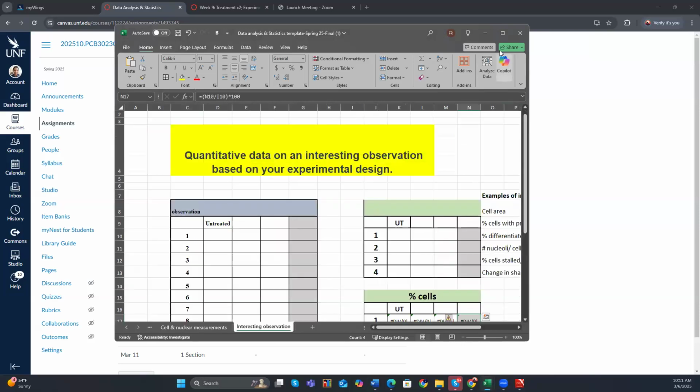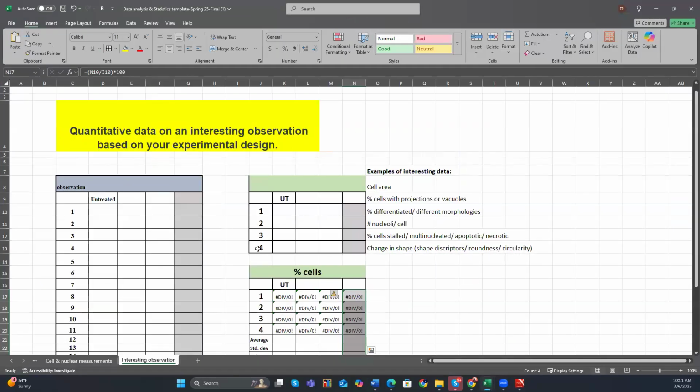And then finally, in your interesting observation, if you look at this one, you notice that you have different options available. Now, if you have something interesting that involved measurements, maybe you looked at length of projections, changes in the shape of cells, perimeter, area, anything like that that involves measurement, then you'd have like 20 numbers in there, right?